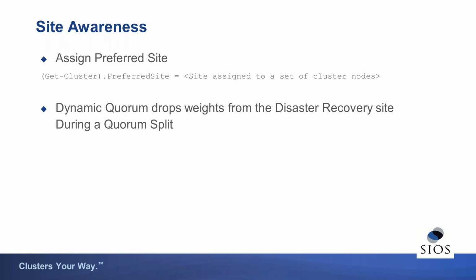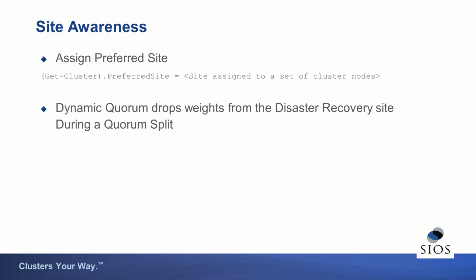We're not going into great detail. Microsoft has been making some improvements to the quorum mechanism. Starting with Windows Server 2012, it had something called dynamic quorum, which would allow the quorum, the number of votes, to be updated dynamically.